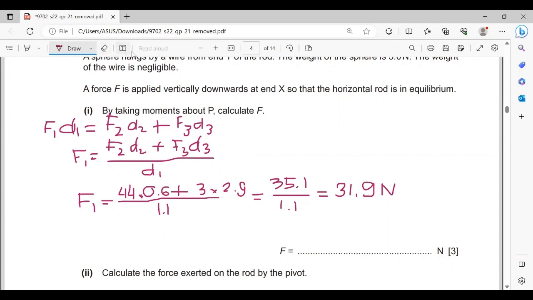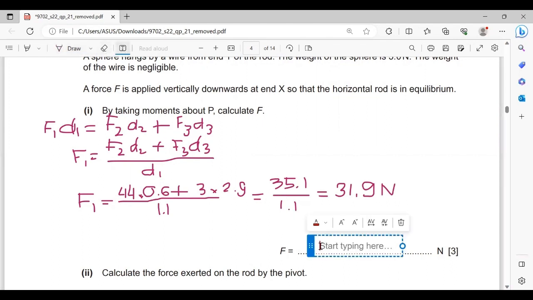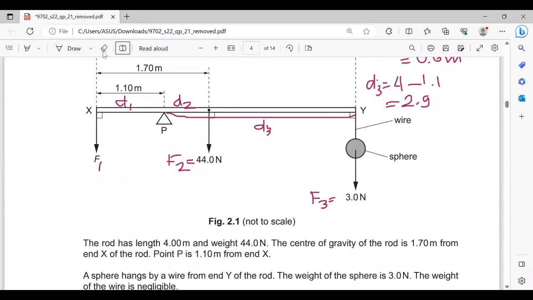So we may state here that force F1 equals 31.9 newtons. So this F1 is 31.9. Okay, next.